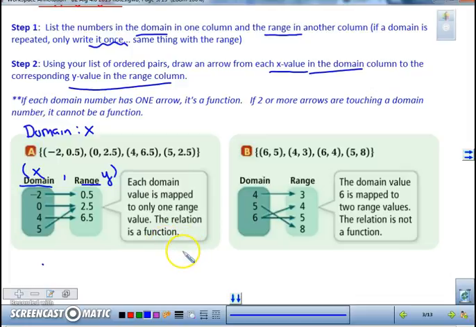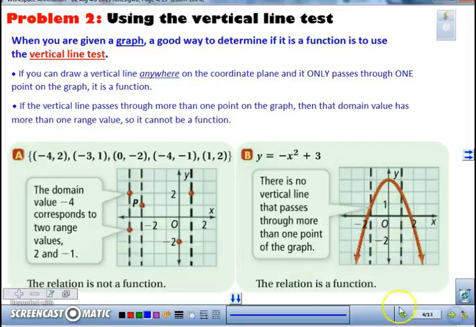The question often comes up: but doesn't 0 go to 2.5 and 5? Yes, but again, these are my x values, and you can have these going to two. It says two arrows cannot be touching a domain. So over here, this one is not a function. Okay, so make sure you're clear on that.